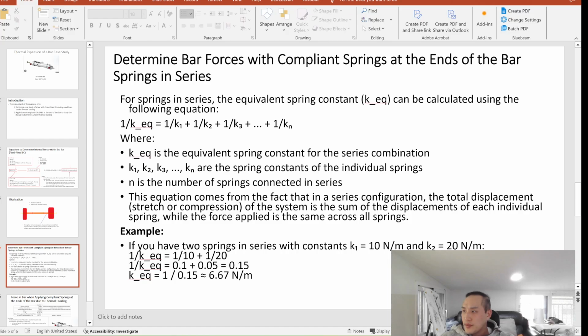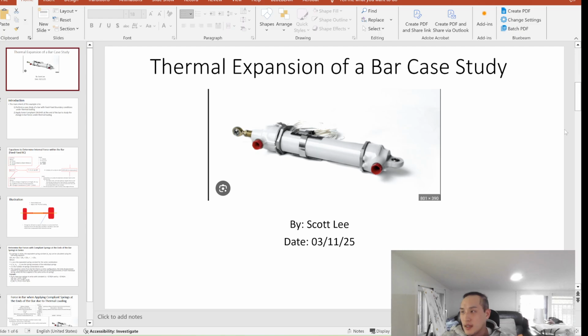So in reality, a bar is never fully 100% fixed on both sides in a real world example, right? Like if we take a look at this actuator and it's being connected to some kind of structure on one side here, and it's also connected to another compliant structure here.